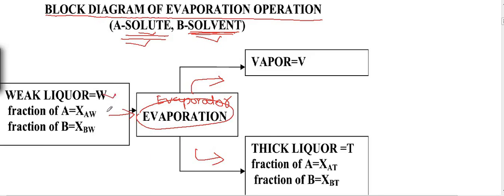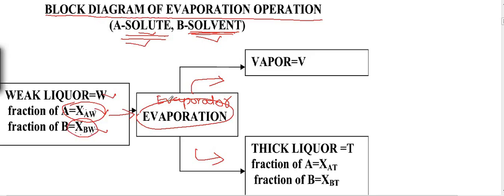That weak liquor contains a certain fraction of solute and a certain fraction of solvent. So XAW means: X is fraction, A is solute, and W is weak liquor. XAW is the fraction of solute in weak liquor, and XBW is the fraction of solvent in weak liquor.